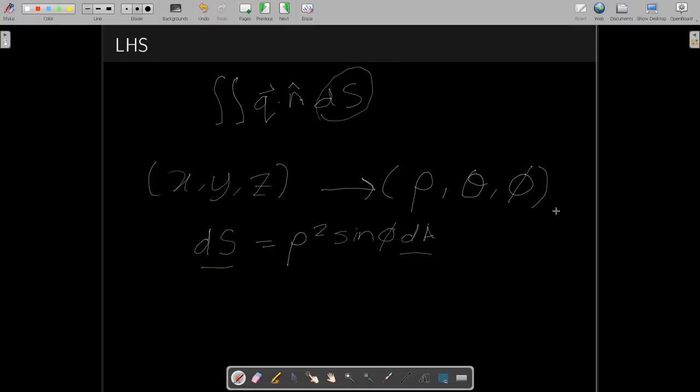If you recall, dS is a tiny surface in 3D, which is projected to the flat face of dA here. So this is not very correct, but you can get the imagination right.